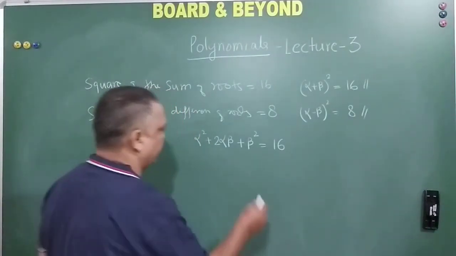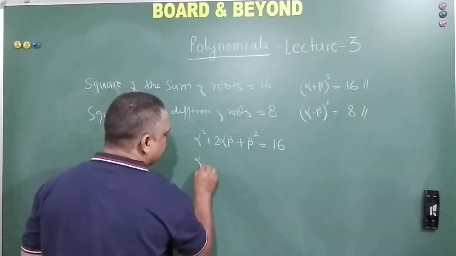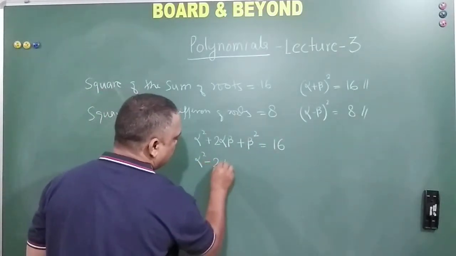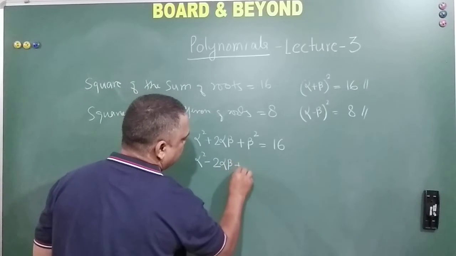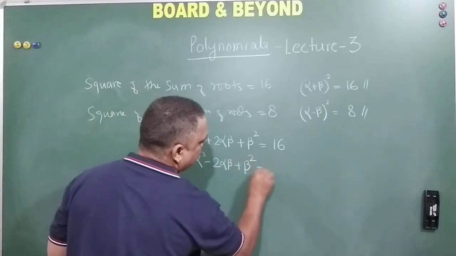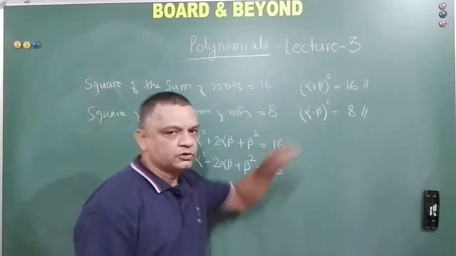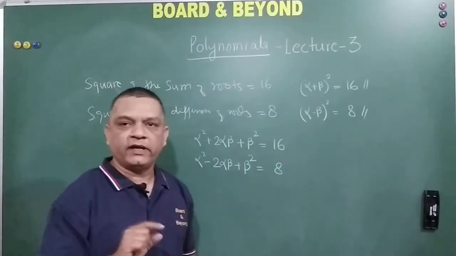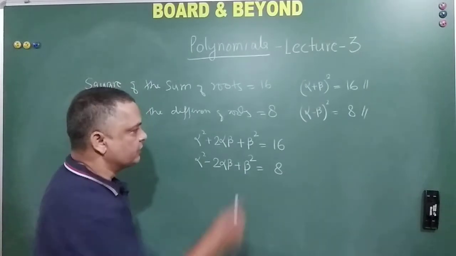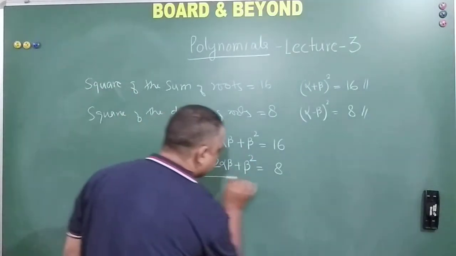Let's expand the other one also. a minus b whole square is equal to a square minus 2ab plus b square. So using this property, I have expanded this.